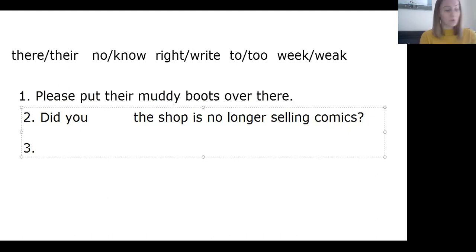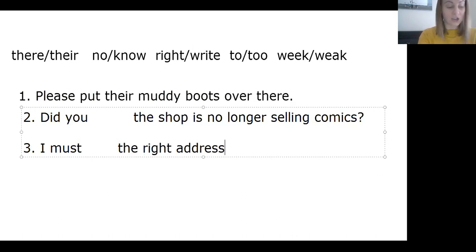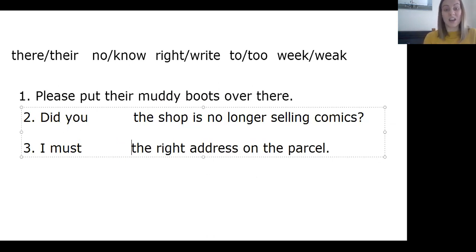Okay, sentence number 3. I must something the right address on the parcel. Okay, now there is a really big clue in the sentence, isn't there? It's right there, look. I must write the right address on the parcel. So the homophone we're looking at now is this one here.